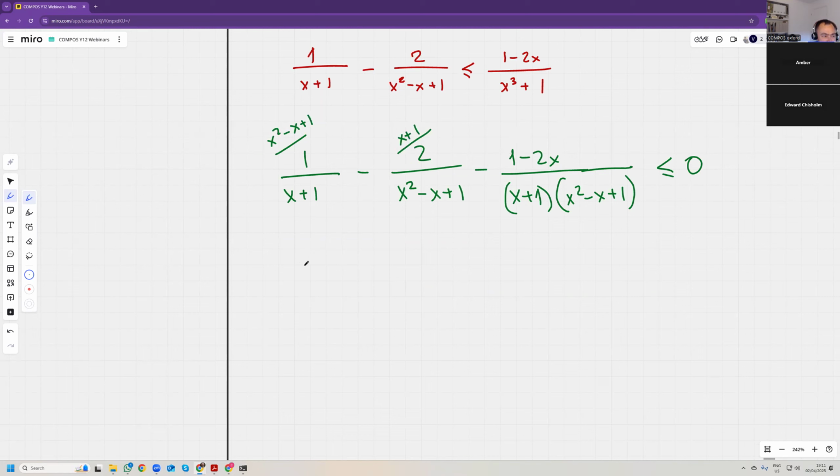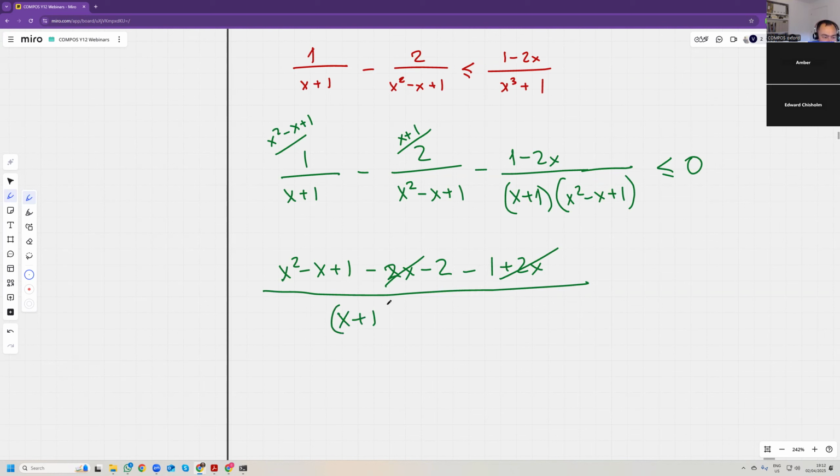So we multiply this by x squared minus x plus 1. We multiply this by x plus 1. We don't multiply this by anything. So x squared minus x plus 1 minus 2x minus 2 minus 1 plus 2x, and this cancels. I was hoping that would cancel as well, but it doesn't.